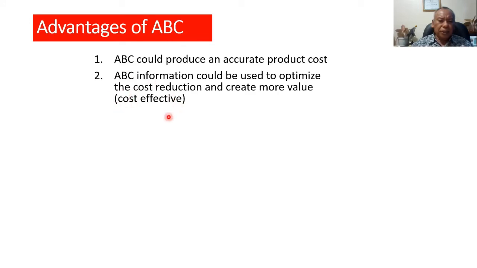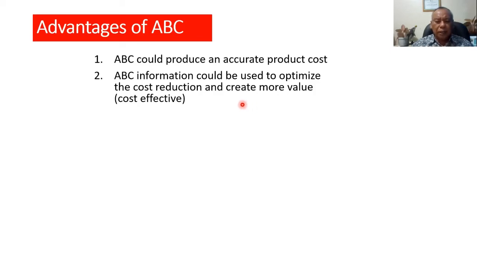The information produced by activity-based costing could be used to optimize cost reduction and simultaneously create more value. We call this cost effective, because with activity information we can easily identify the content of each activity.